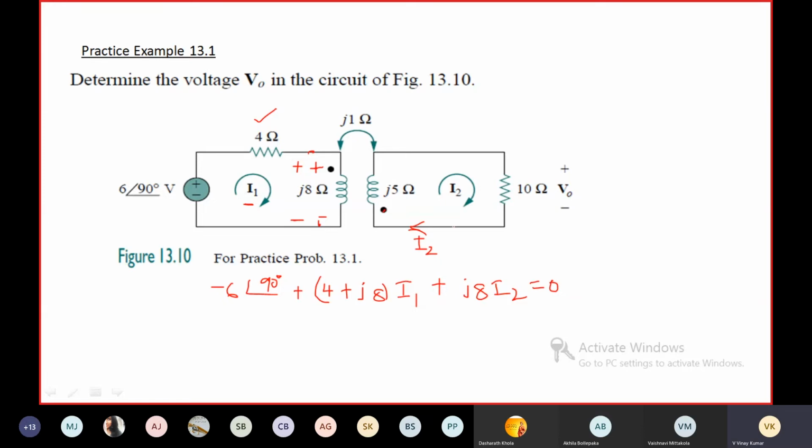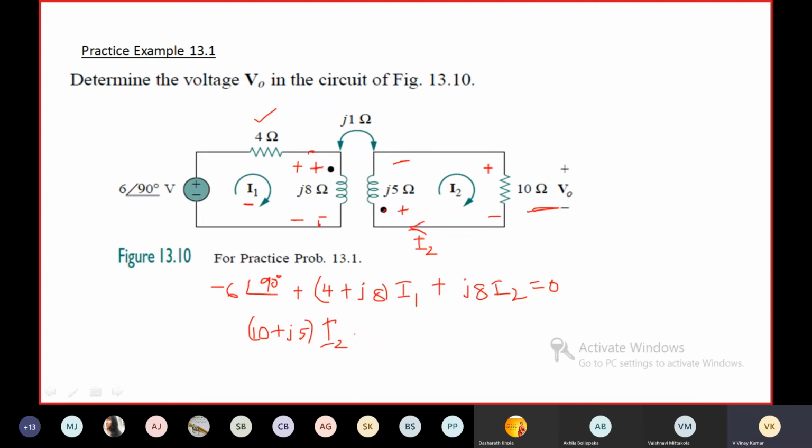Now let me apply KVL around this loop. Based on the direction of this current, we are collecting voltage at this point with respect to this point. So 10 plus j5 into I2. 10 into I2 is the voltage across the 10 ohm resistor. j5 into I2 is the self-induced EMF across coil 2.